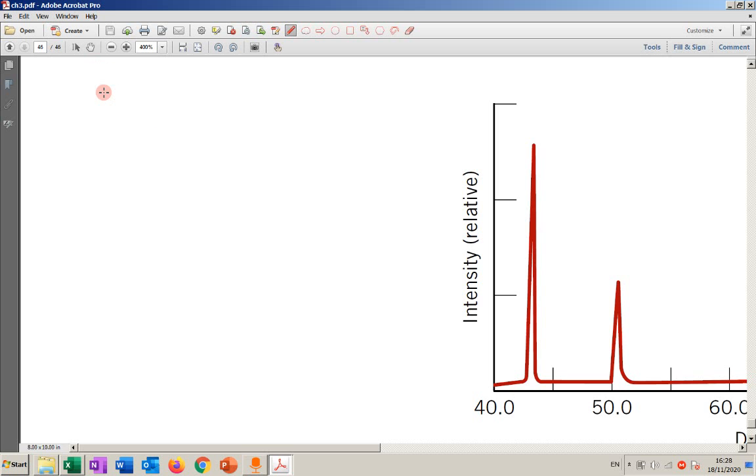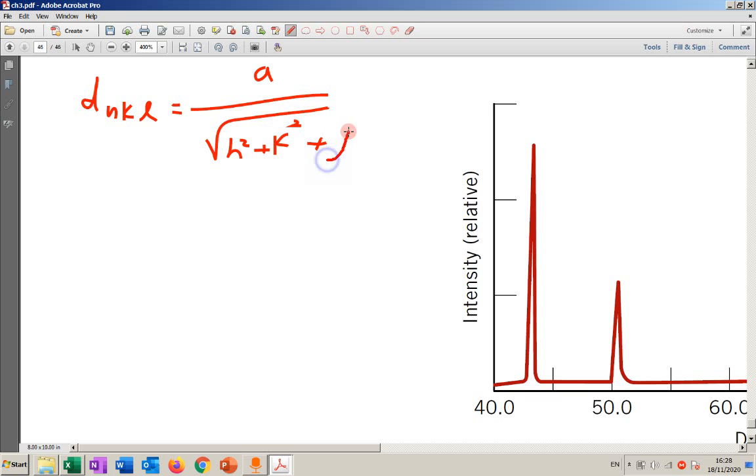Now the only way that we can find H squared plus K squared plus L squared is from the equation of d_hkl. d_hkl is equal to a over the square root of H square plus K square plus L square. I'm looking to find this value, H square plus K square plus L square. The problem is that we don't have d_hkl, we don't have a.